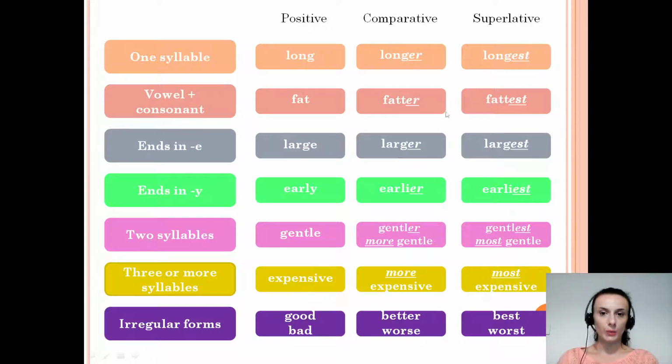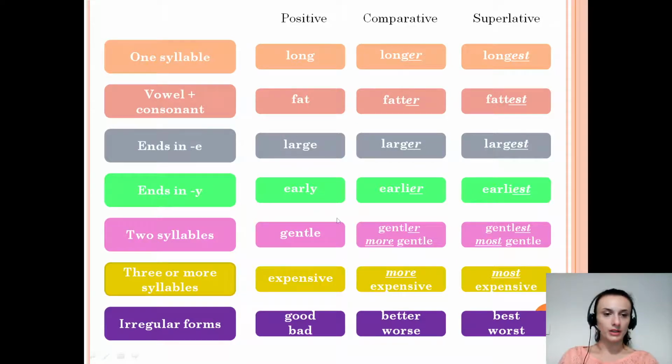And the second way is to add more before the positive form of the adjective to form the comparative and most to form the superlative form. Through examples, gentle will become gentler or more gentle in comparative, and gentlest or most gentle in superlative.